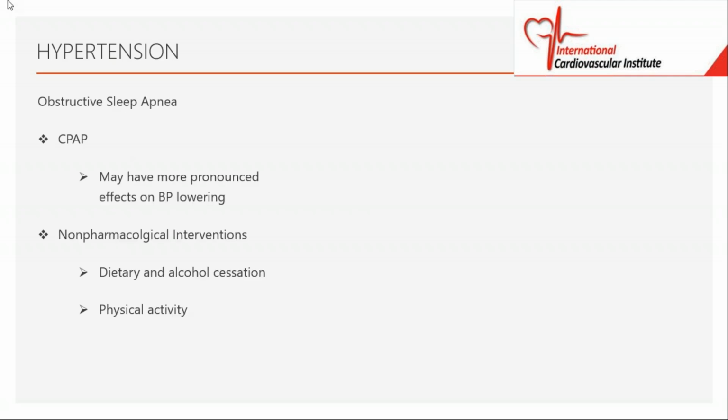The treatment for obstructive sleep apnea is CPAP, continuous positive airway pressure, and if it's adjusted properly and the titration is good, you can have significant blood pressure lowering by just CPAP.